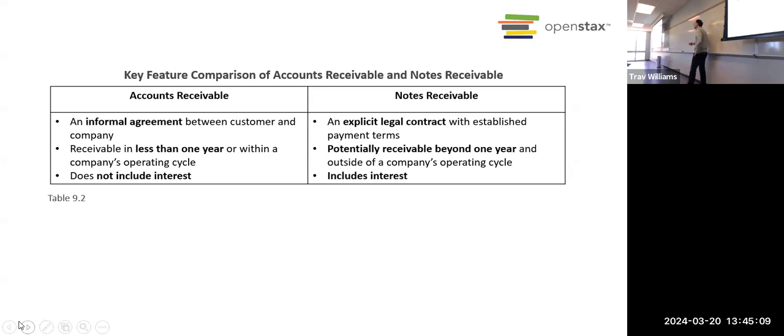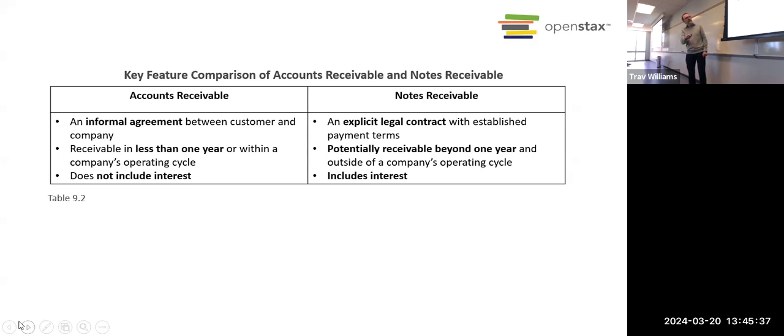You remember we saw credit terms like 2/10 net 30, right? So it was due within 30 days. Or you might see examples in this chapter up to like net 150, that would be 5 months. You never see accounts receivable due in longer than a year. Because that's a long time to wait, right? If you're gonna wait that long to get paid, you're gonna wanna start charging some interest.